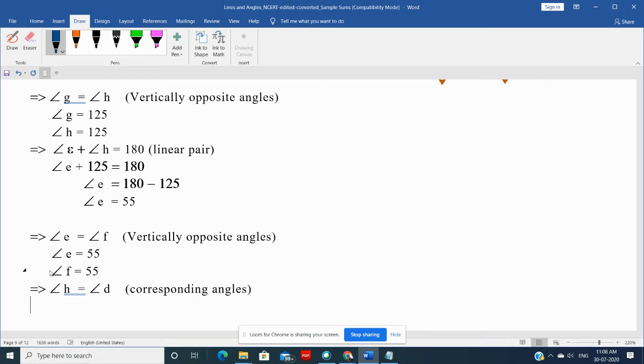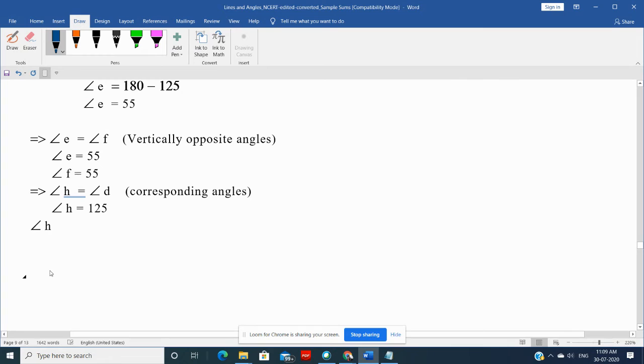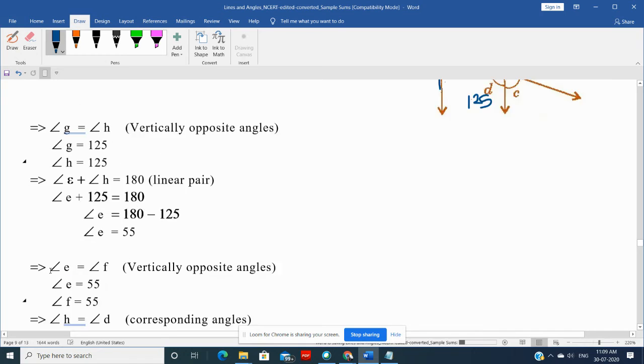Now, if your angle H is 125, then naturally your angle B is also 125. B is also 125. All right. So we got this also.